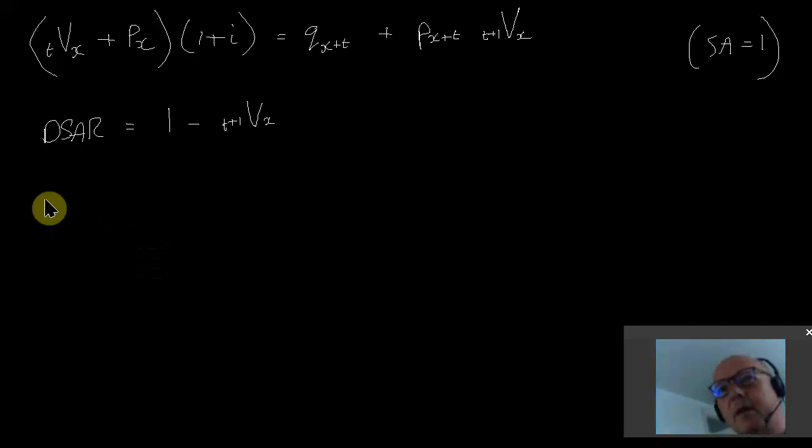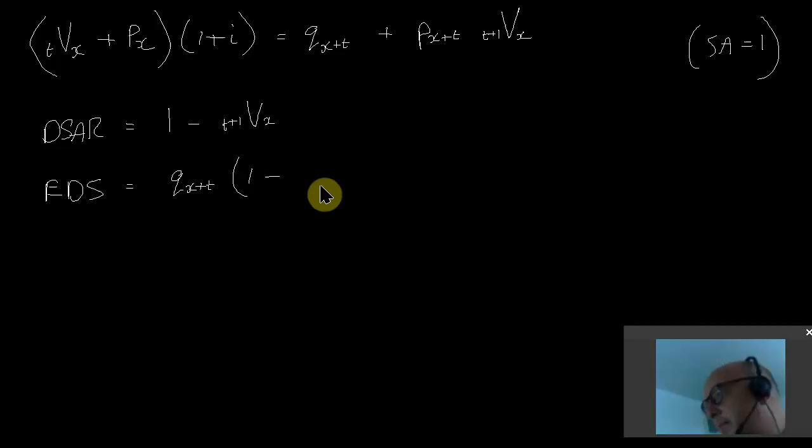Then we have something called the expected death strain, which is q_{x+t}, the probability that the death strain happens, times 1 minus _{t+1}V_x. We then have something called the actual death strain.